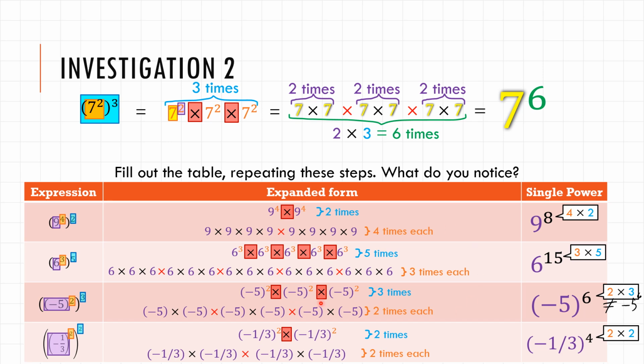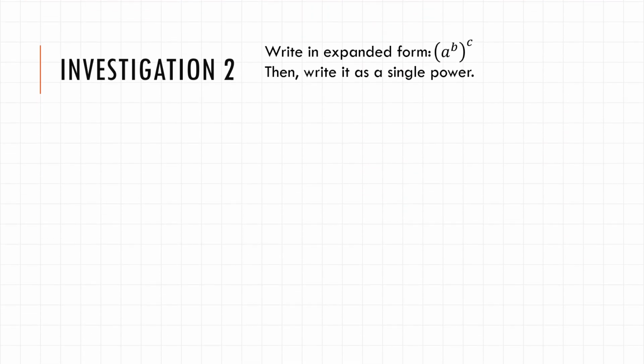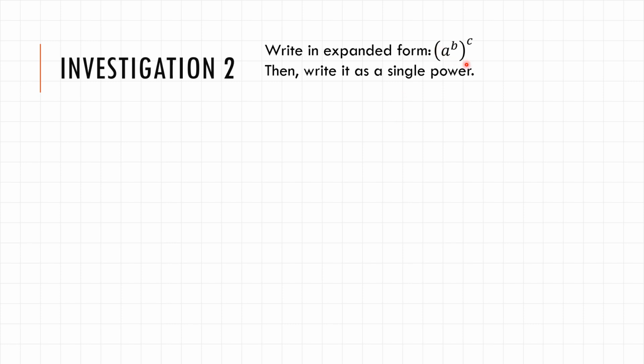So let's see if we can summarize this as a rule. Write this in its expanded form, a to the power of b, all to the power of c. And then can we write this as a single power? A to the power of b, we're going to treat this like a number itself, and we're going to multiply it by itself c times.